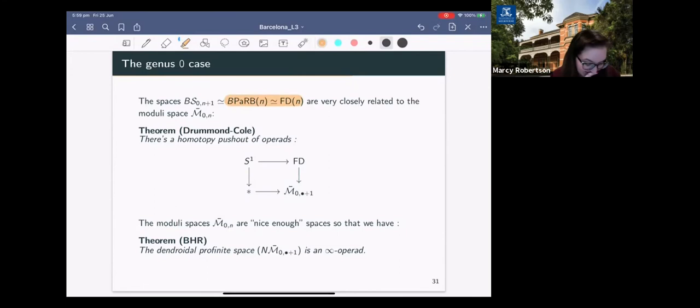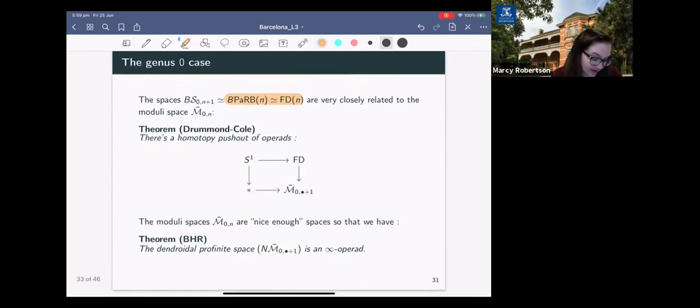Right, so the spaces, if you take the classifying space of these groupoids, in this case, they're homotopy equivalent to the spaces of the framed little disks. So this is the framed 2 disk operad.